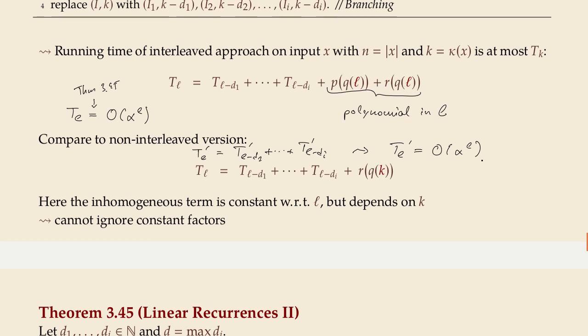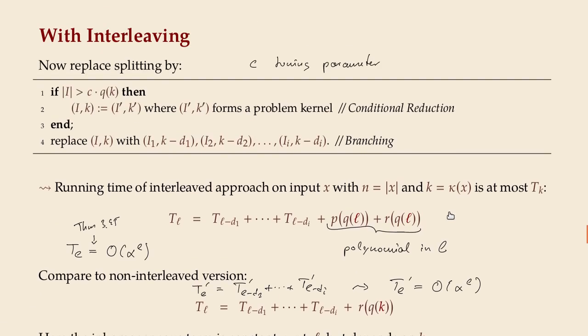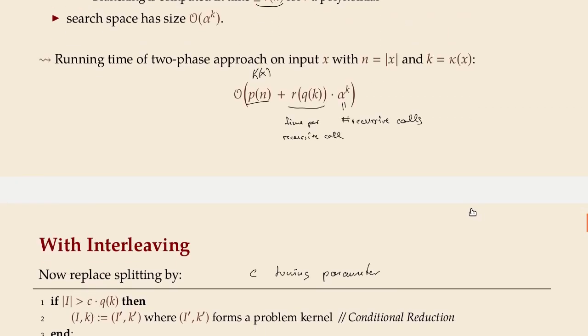And we have already solved that by assumption. And that's alpha to the L. Now if you compare that, this means that this factor is actually gone. So here we had the preprocessing plus alpha to the k times this polynomial.